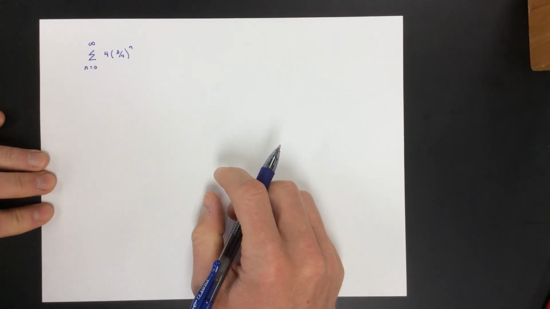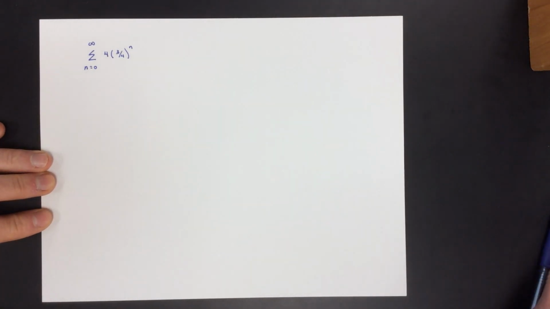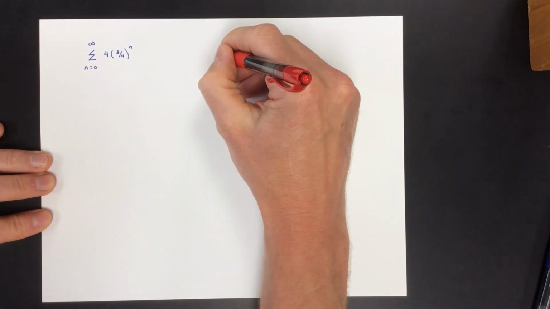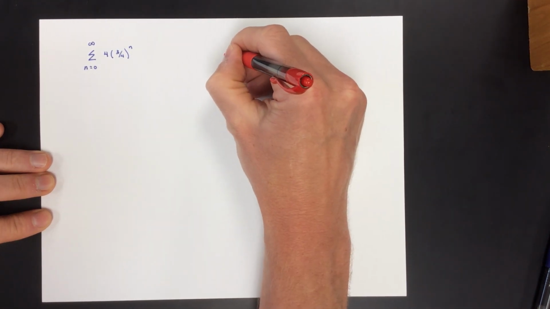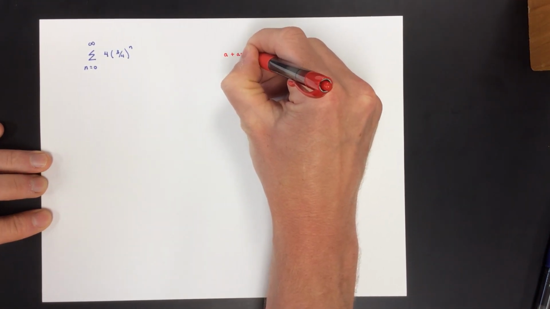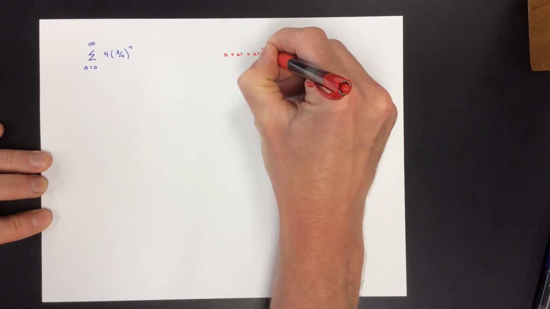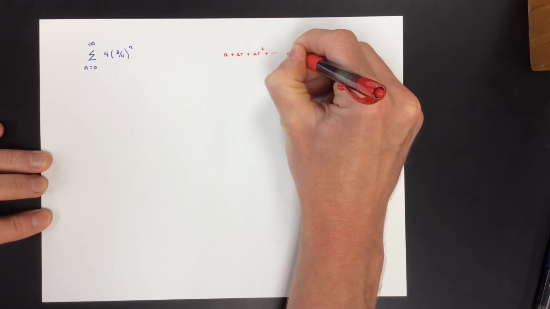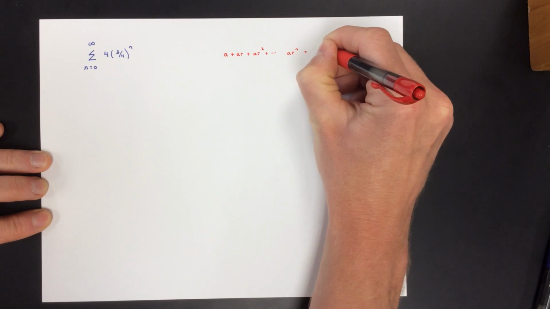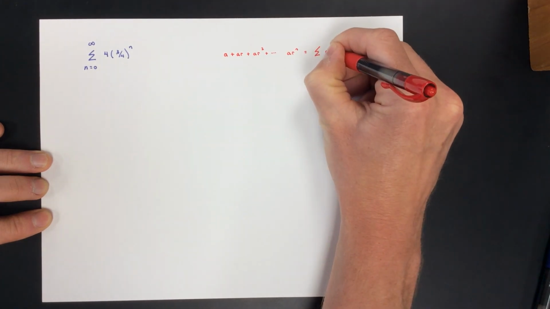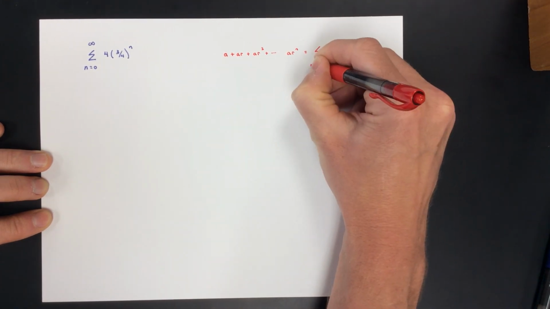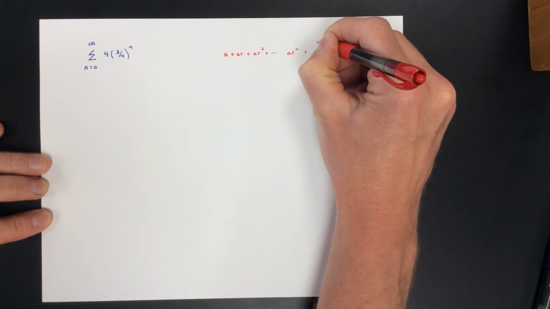Again, is it geometric? Well, remember, a geometric series has to always look like this, every single time. In sigma notation, that is just summing up a r to the n when n equals 0 to infinity.